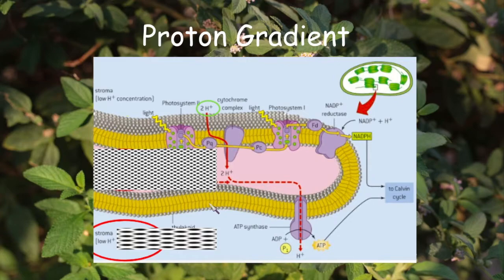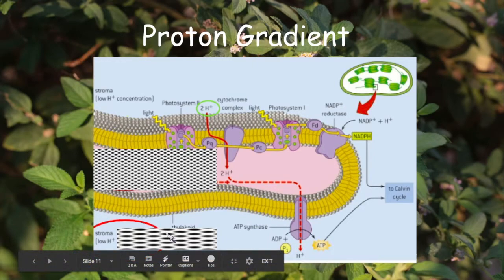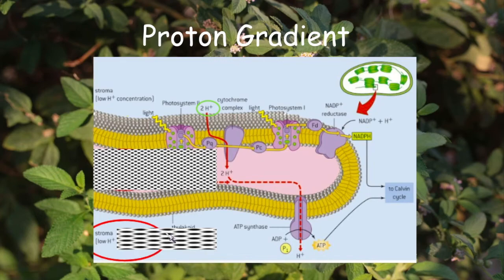So once this develops, like this concentration that we have here with the large amount on the inside, smaller amount on the outside, not necessarily amount, concentration, this is how we generate ATP. ATP synthase uses this proton gradient to make ATP.